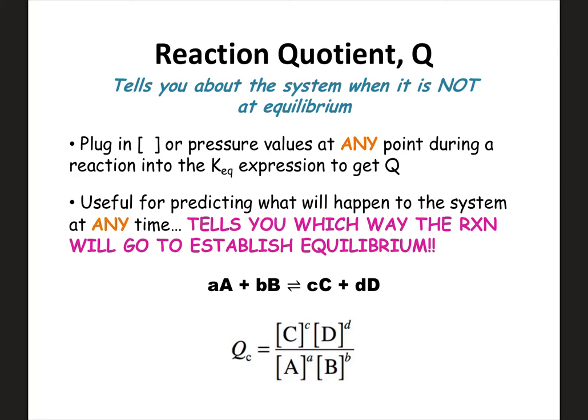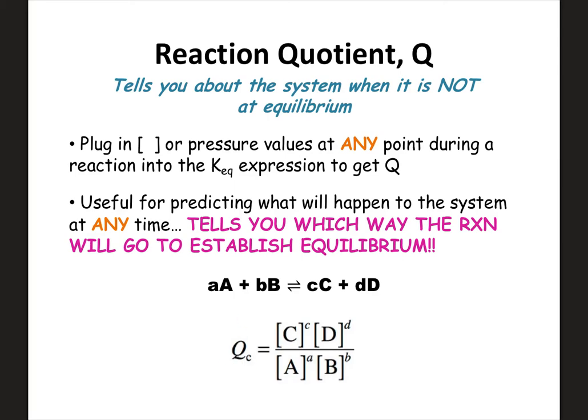So if you have your generic equation and you write the KEQ expression for that, products over reactants, paying attention to the coefficients and making them the exponents, this time it's just Q equals that, because these concentrations are not at equilibrium. That's why it's not a KEQ.